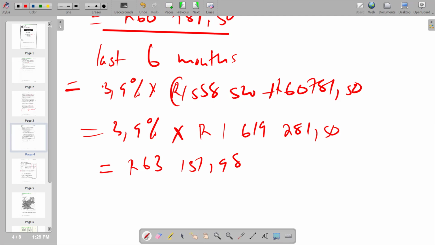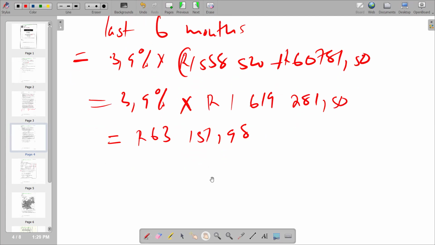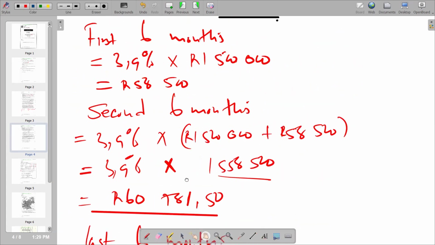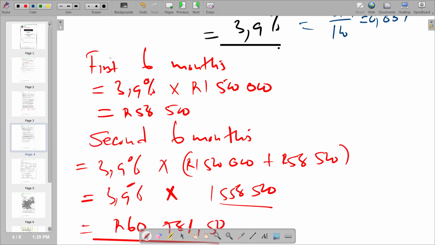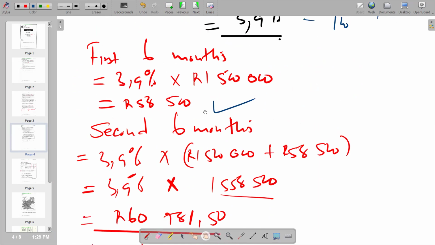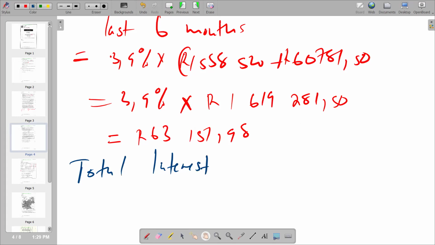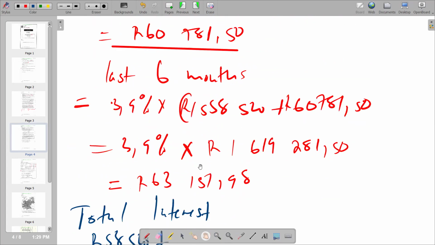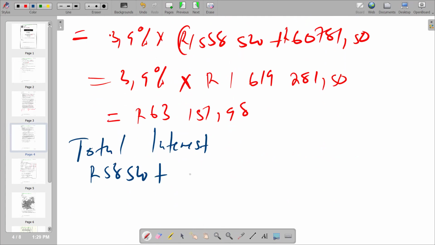So to get the total interest now, we are going to add the 3. So we are saying total interest. What are we saying? We are saying for the first 6 months, we add this interest 58,500. And then we add 60,781 rand 50 cents.